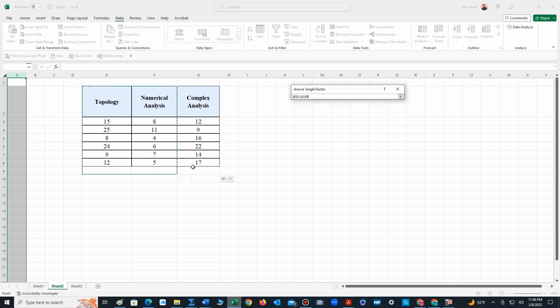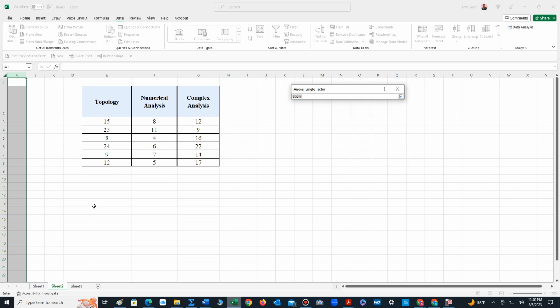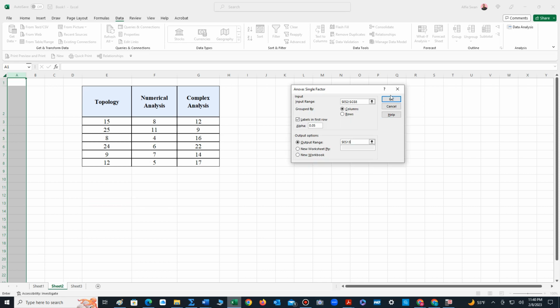Make sure it's all selected. I like to put labels, so I click here, I type in the alpha 0.05. Now the output is where you want the two tables to output. There's two tables that will be outputted. And I'd like to select a cell that's a little distance away from the actual data set so it's not overwritten. And then just press OK.